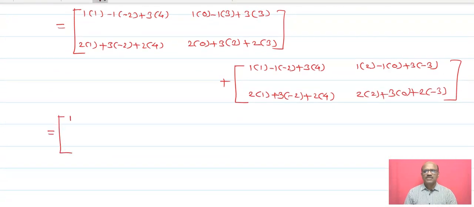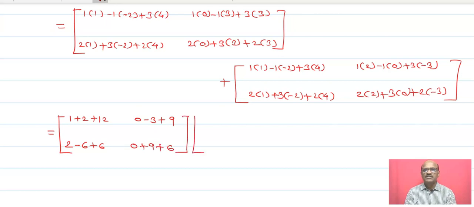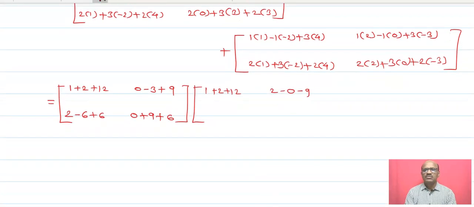Now the multiplication is simple multiplication. Concentration is needed for this type of multiplication. Their respective addition: 2 minus 6 plus 6, 0. Next is 9 and 6, 1 plus 2 plus 12, 2 minus 0 minus 9.